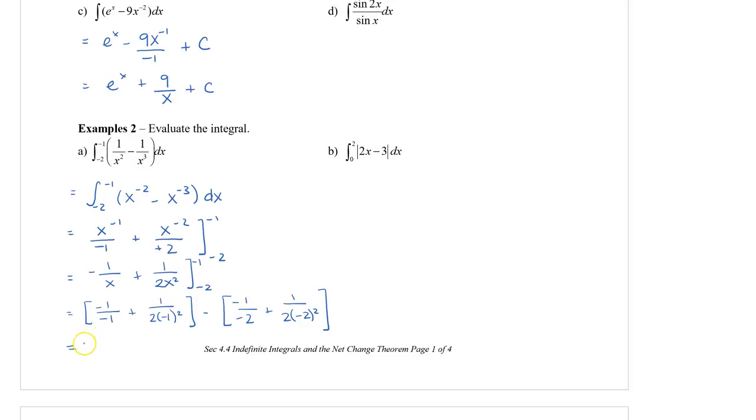All right, so simplifying, we get 1 plus a half, minus a half, and plus an eighth. So the half minus half is 0, so then we just have 1 minus 1/8, which is 7/8. And you can try the other ones on your own.